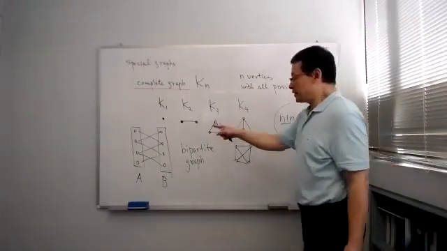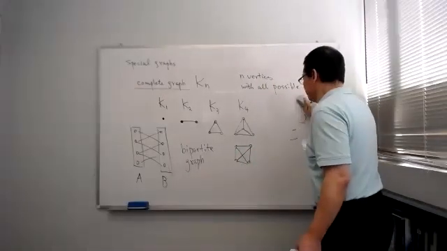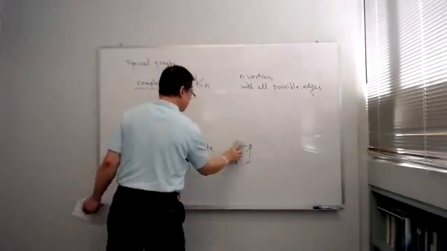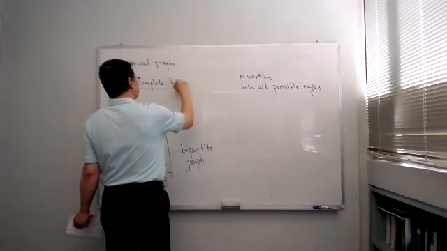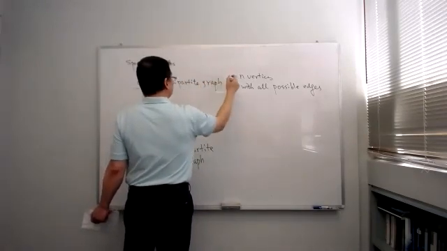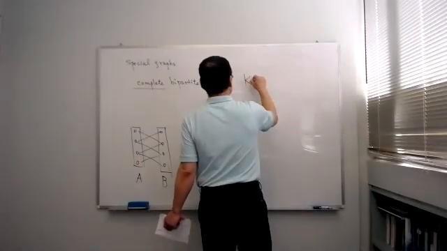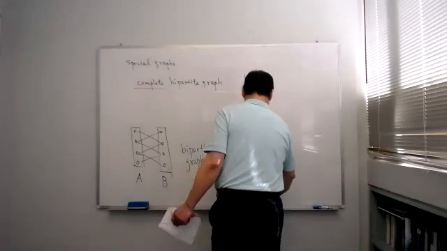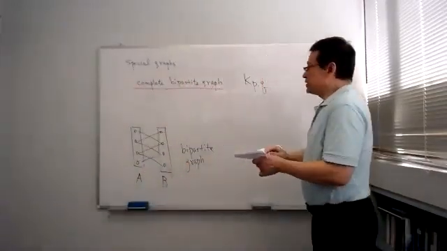Okay. So for such a graph, we can also have the so-called complete bipartite graph. So there's a bipartite graph.